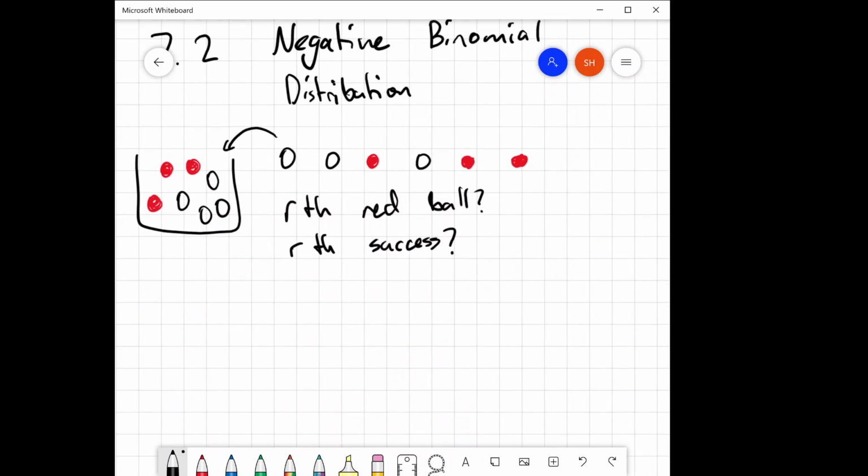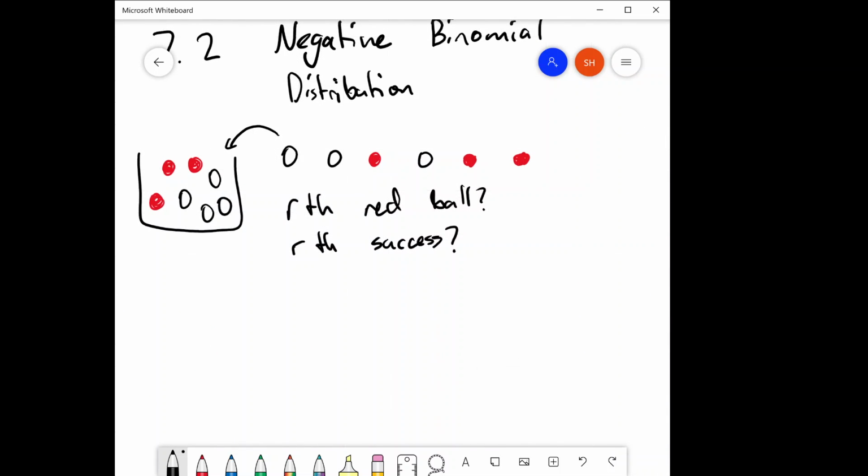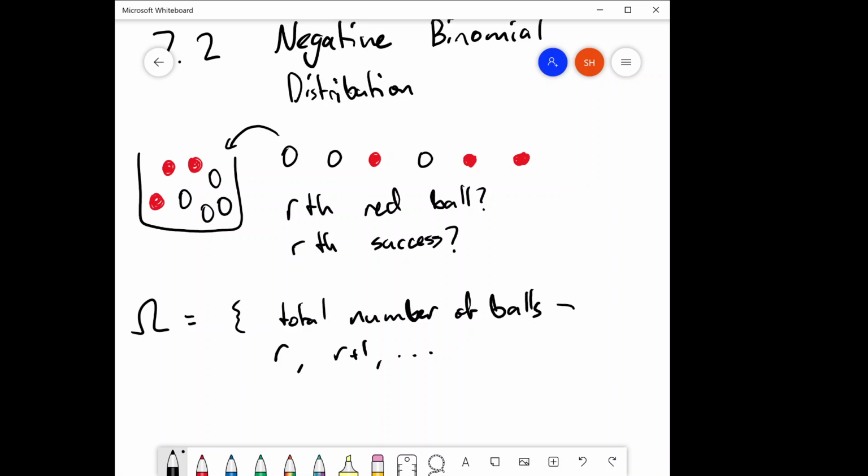Now, there's one sample space which you could think of taking here, which would be the total number of balls you take. So omega could be the total number of balls. If you want to pick up r, then the total number of balls is going to be r plus 1, and so on.